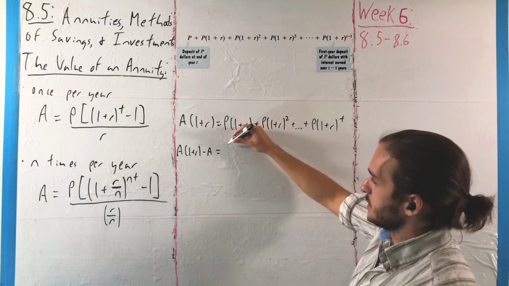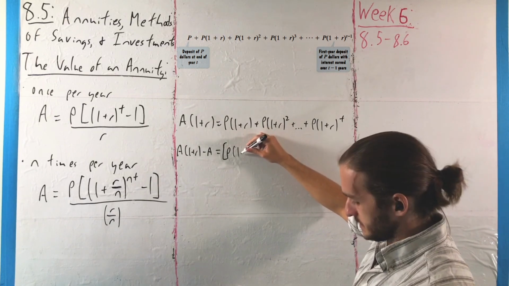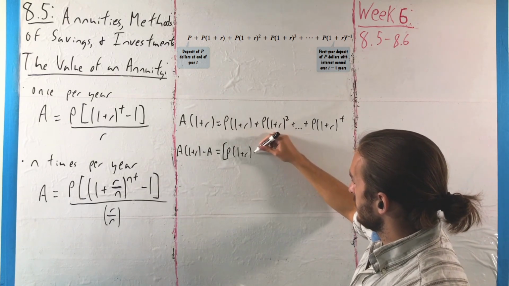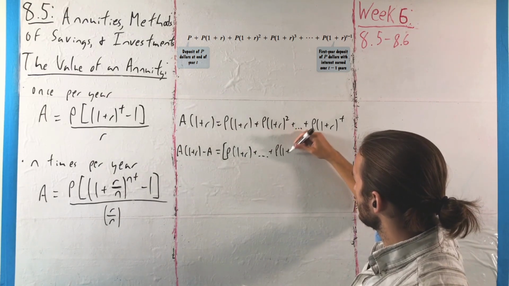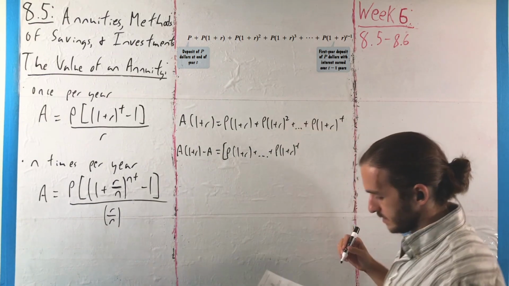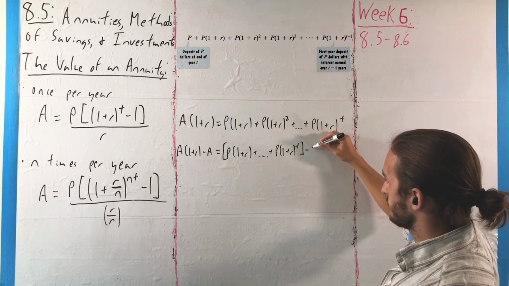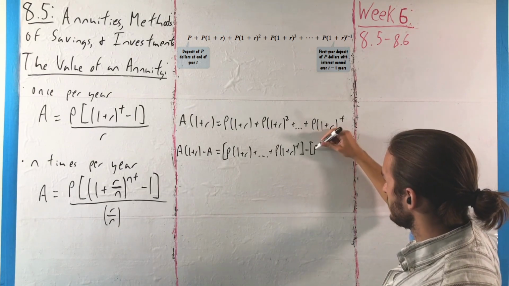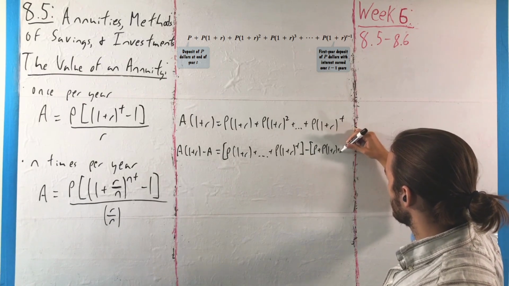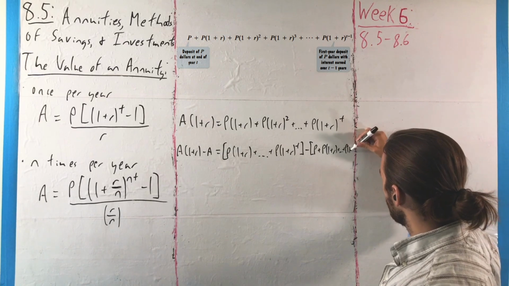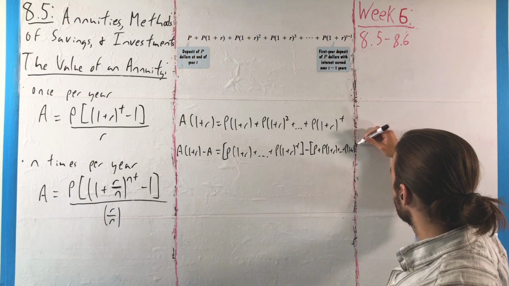But when we write out a couple of the terms from those messes, we'll have a P times a 1 plus R, and then I'm going to skip all the stuff in the middle because, like I said, I'm pretty short on space, to P times 1 plus R raised to the power T. And then we're going to be subtracting from that a P, a P times 1 plus R, and a whole bunch of other things up to a P times 1 plus R raised to the power T minus 1.